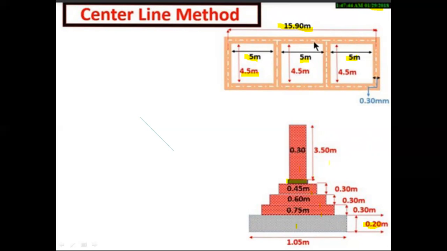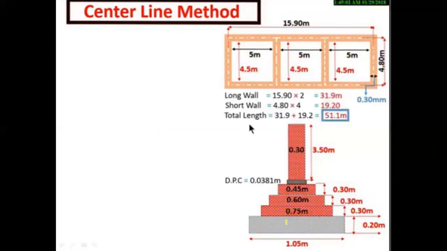It is the superstructure of the brickwork, and the breadth is 0.30 and the height is 3.50 meters. The first footing breadth is 0.75 meters, the second footing 0.60, and the third one, plinth level, 0.45 meters, and each height is 0.30 meters.